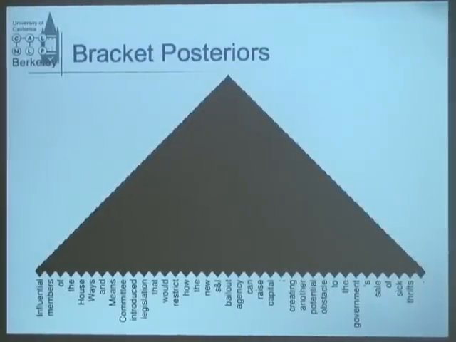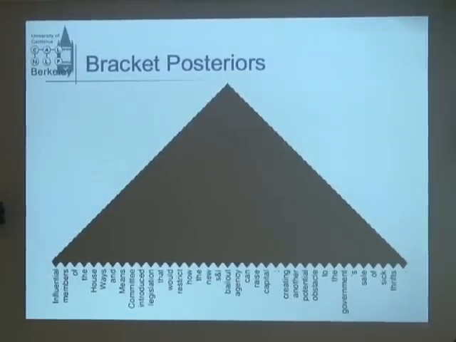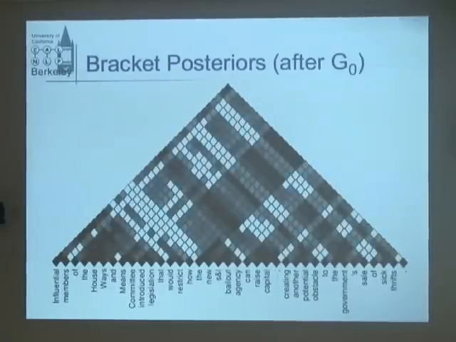We can visualize this process where we look at the bracket posteriors. Black means that a constituent spanning over the triangle that's underneath it is likely. We're summing over the type of constituents. And so after the first pass with the simplest grammar, we see that many things are already ruled out.